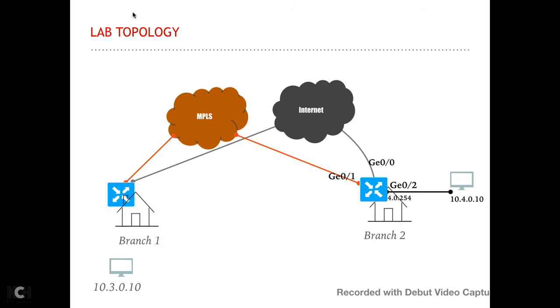Our WAN emulator is connected with our GigabitEthernet 0/1 and 0/0 with a virtual instance of bridge 1, on which ethernet 2 is connected with our MPLS.